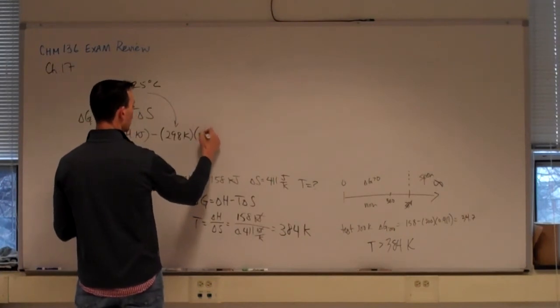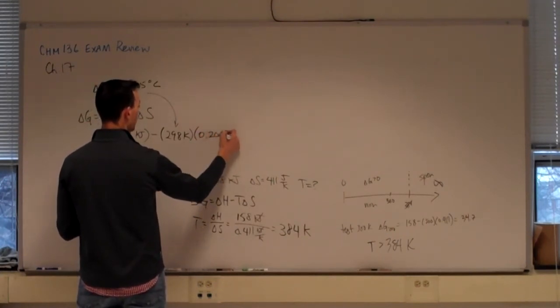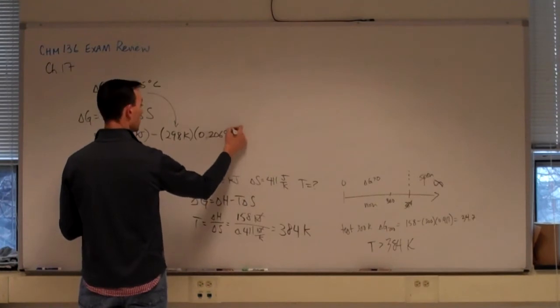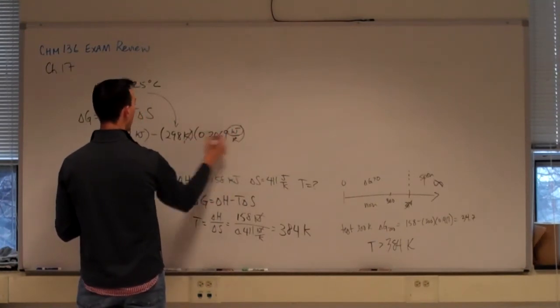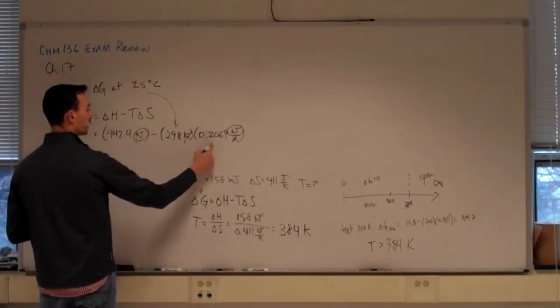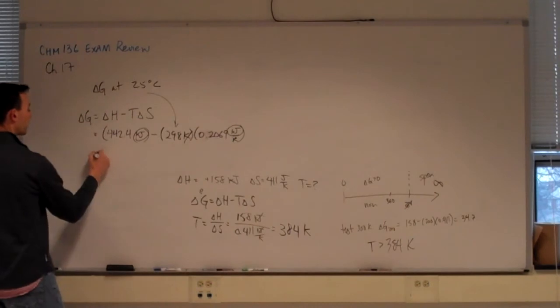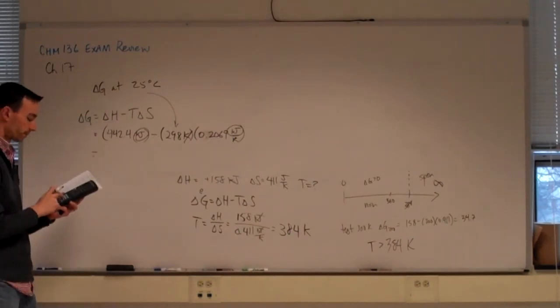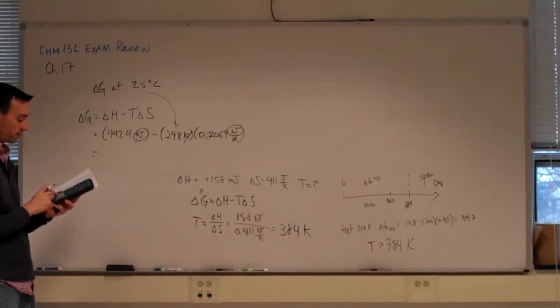That's in joules though, so I'm going to convert it 0.2069 kilojoules per Kelvin. Again, so that I can add those two kilojoule quantities. After I multiply these two, this is a value of kilojoules. So 442.4 minus 298 times 0.2069.